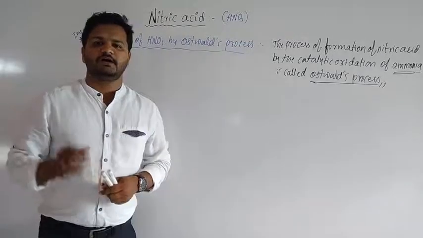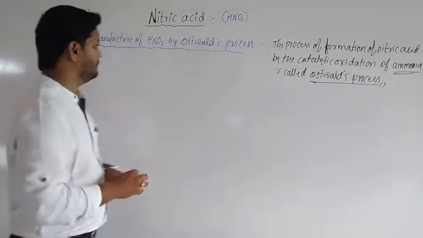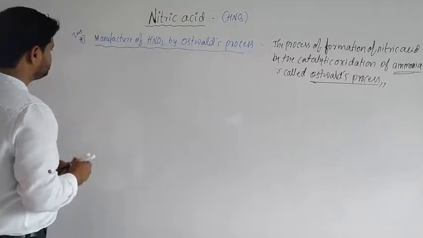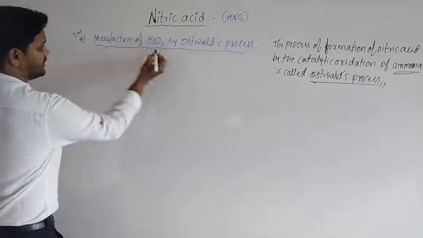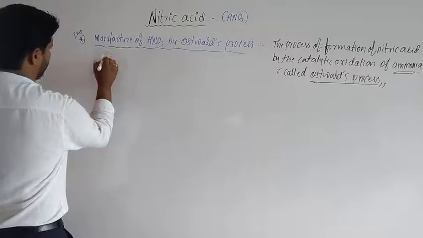Okay, students, simple. Here, there are 3 important steps. Mainly, manufacture of HNO3 by the Ostwald process has 3 steps.